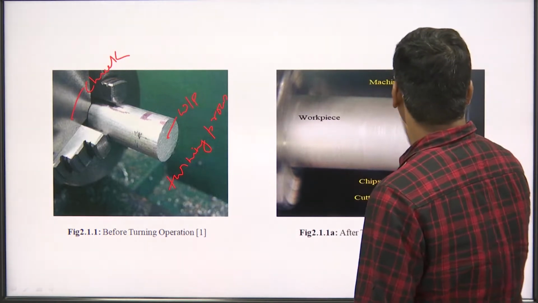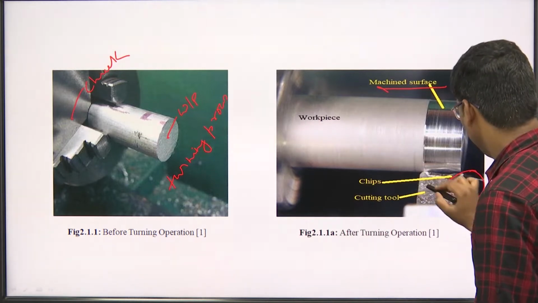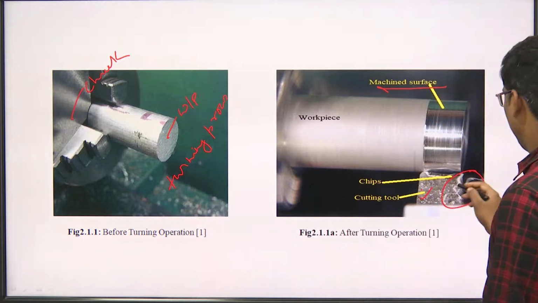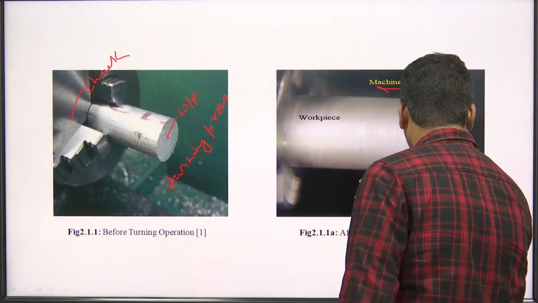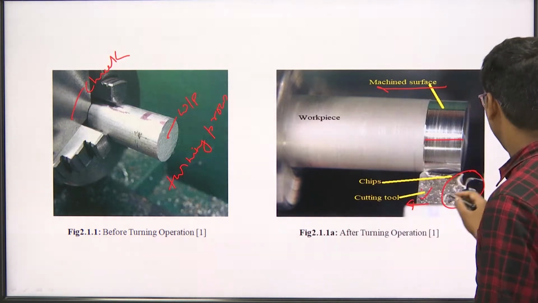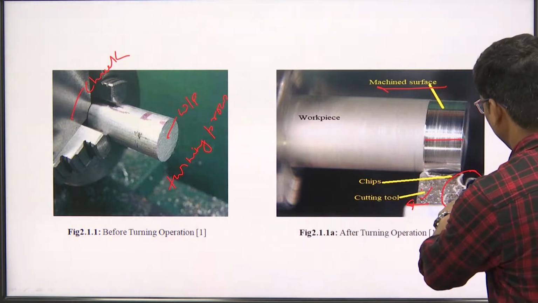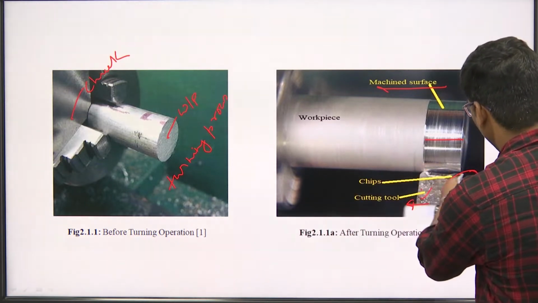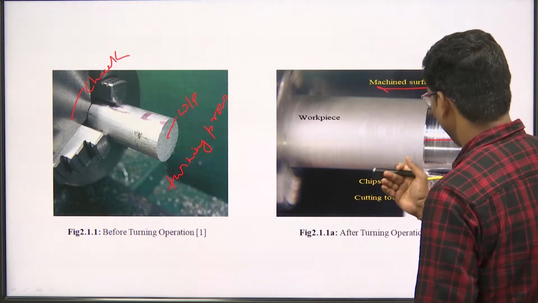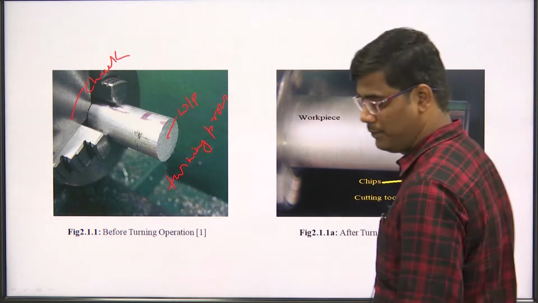After machining, this is the machined surface, and this is the chips, and this is your cutting tool. The direction of the tool is in this direction, and the machined surface is obtained by removing the chips. So we can see the unwanted material removed from the surface in the form of chips, and we obtain the finished surface with the help of metal cutting.